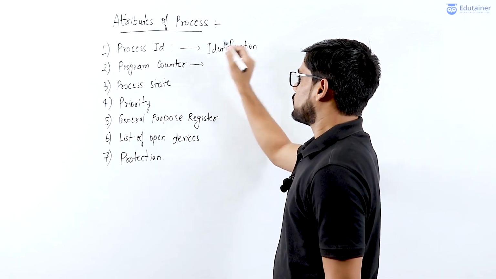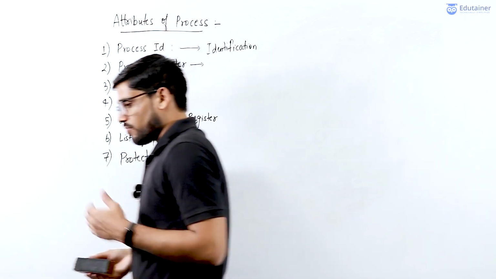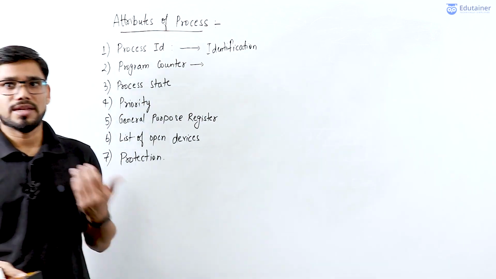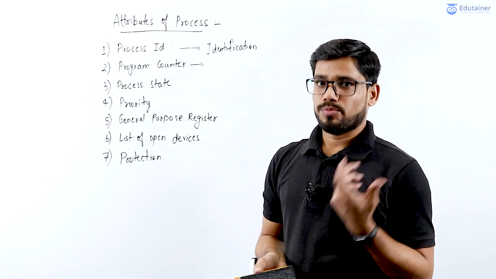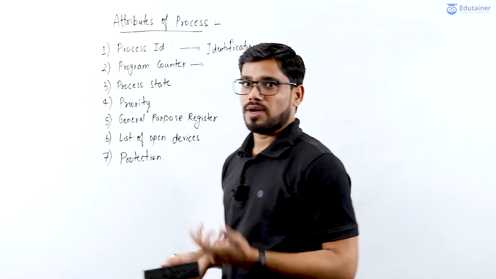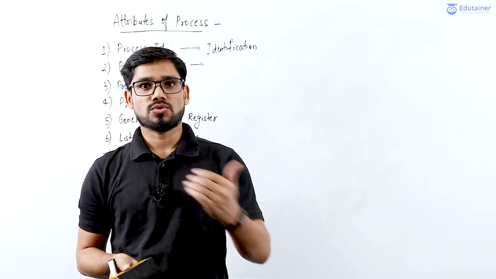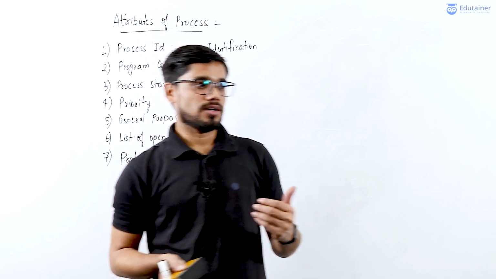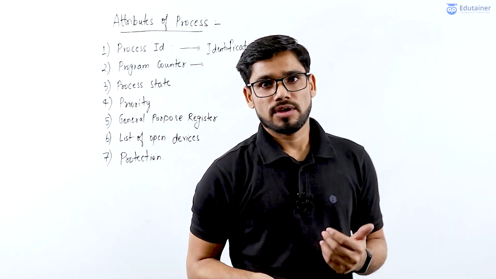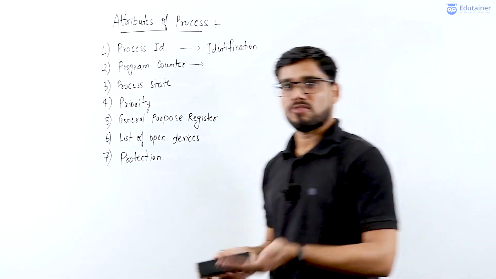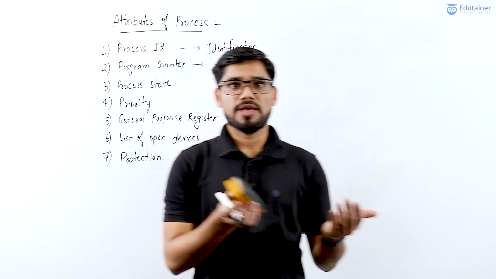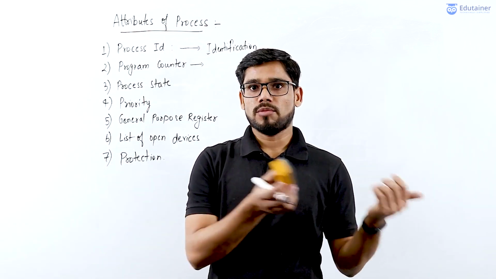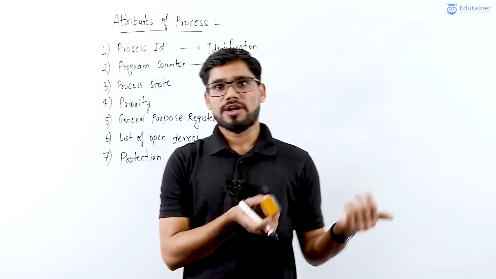Program counter is a memory which will be used to store the next instruction. For example, let's say a process or a program has 10 different instructions to run, and when it runs, let's say instruction number 5, then the next instruction will be 6th, but somehow this process will be stopped and it will sit in a waiting queue.